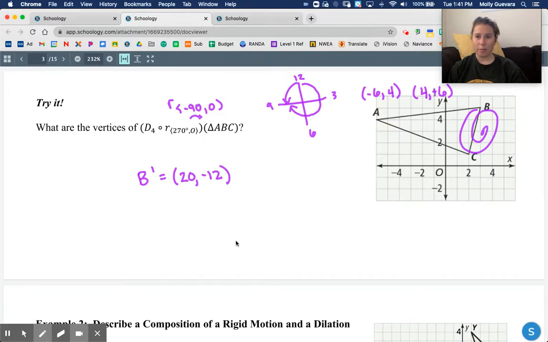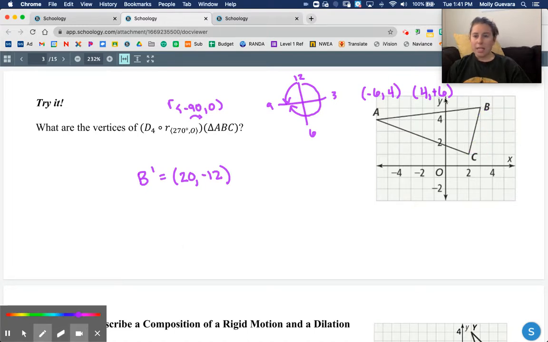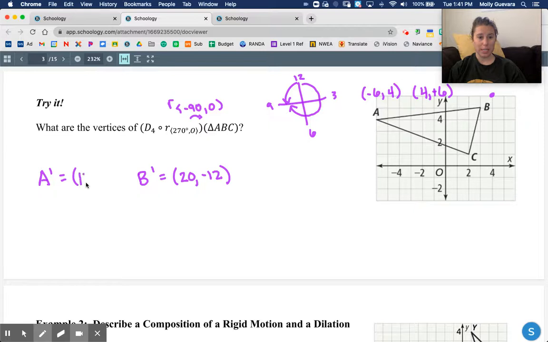So it will become 4, positive 6 in quadrant 1, right? Which is 4, 6 right here. Then I multiply everything by 4. So that tells me that A prime is going to be the coordinate point 4 times 4 is 16, 6 times 4 is 24. And that's it.